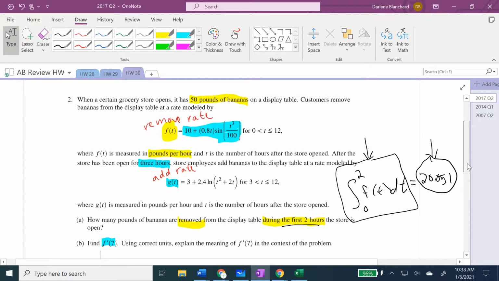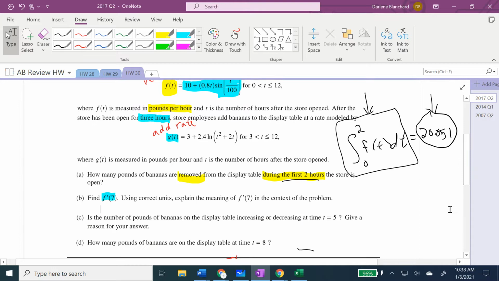Now, after finding that number, I'm going to write that number down. Negative 8.119.